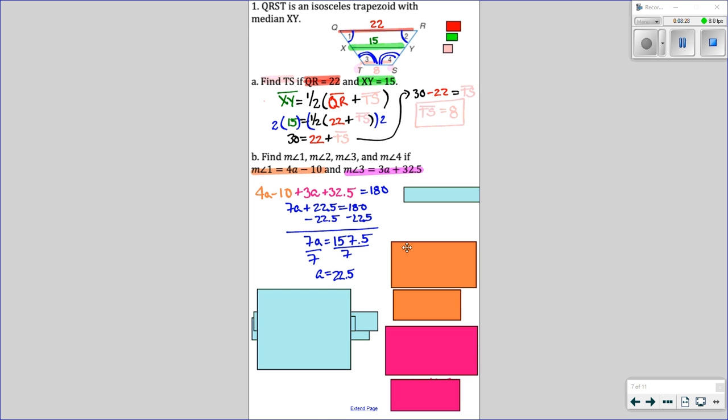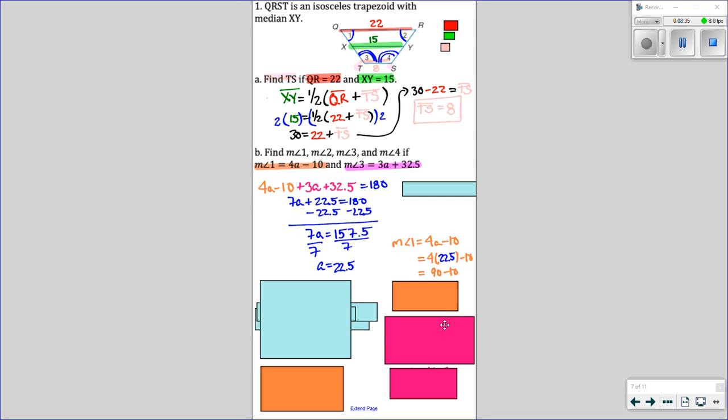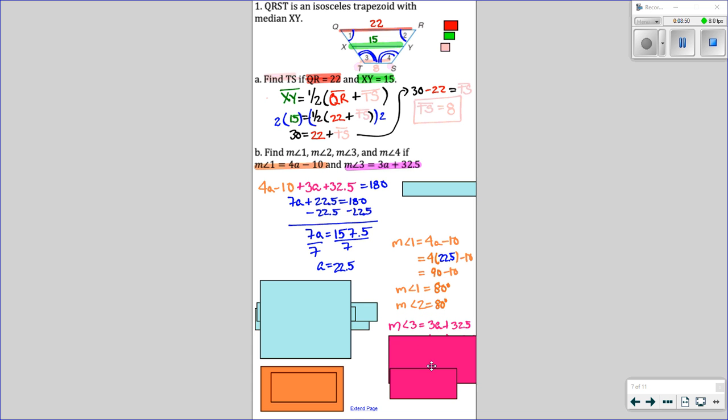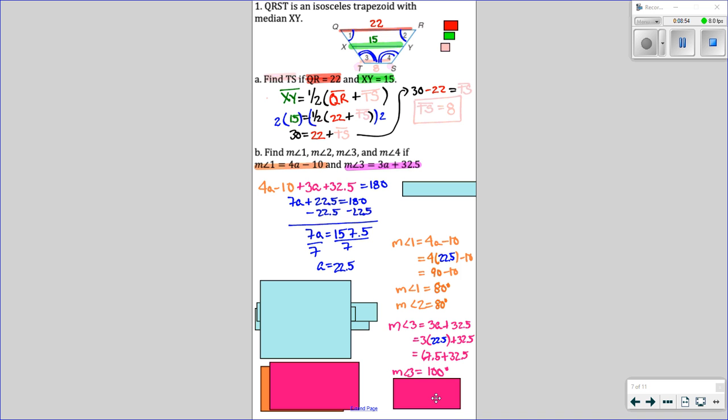So for angle 1, I just plug in whatever I found for A, and I found it to be 80. So then if angle 1 is congruent to angle 2, then angle 2 is also 80. And then for angle 3, I just plugged in my 22.5 wherever there was an A, solved it, and I got angle 3 as 100 degrees, and if angle 3 is congruent to angle 4, then it is also 100 degrees.